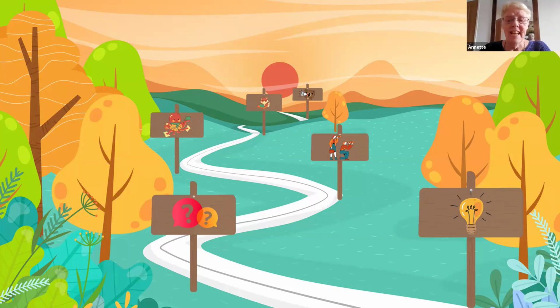A Zoom user has asked, is AI starting to be included more? I can't say too much on this because I actually had to sign a confidentiality document before we took part in this research, but I can say definitely that it is being discussed and researched, but I'm unfortunately unable to say very much about that at the moment, so sorry about that.